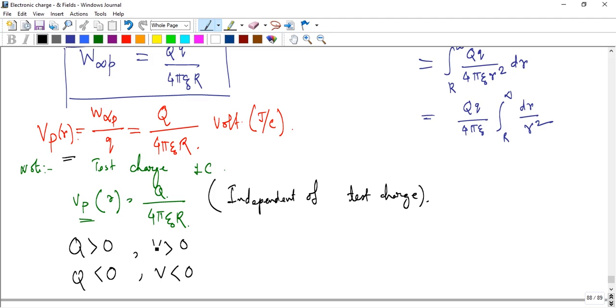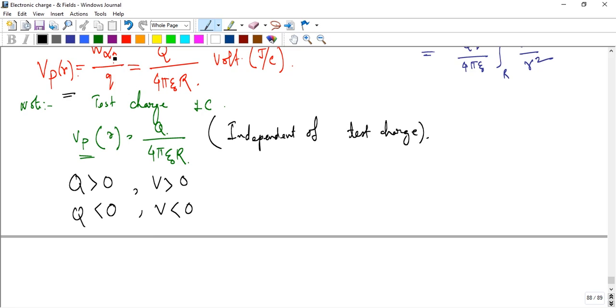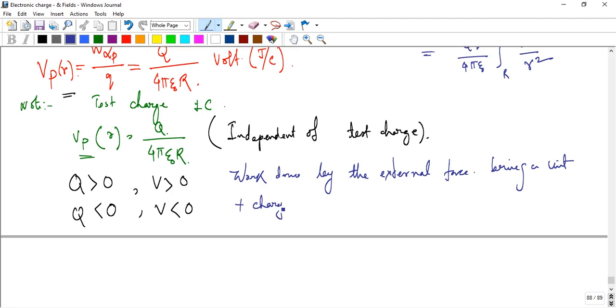So the work done by the external force to bring a unit positive charge from infinite to a finite point.